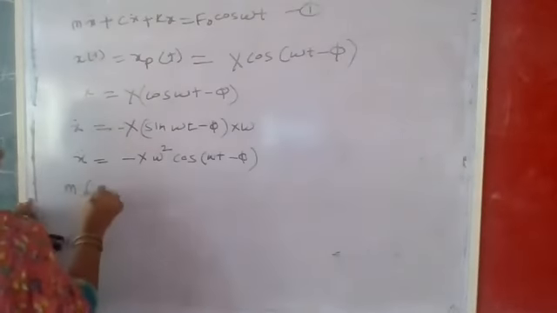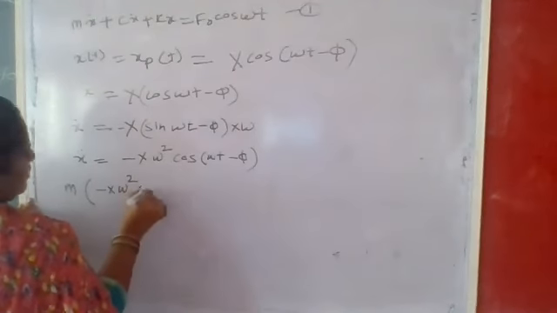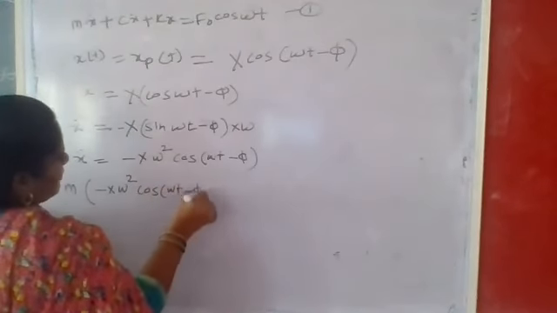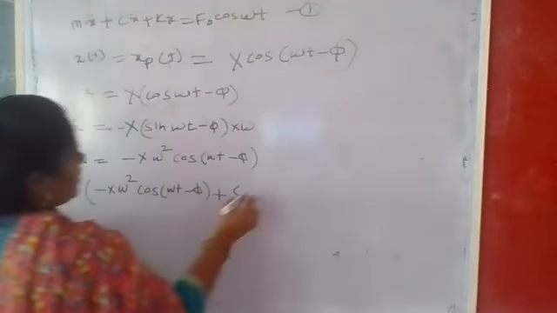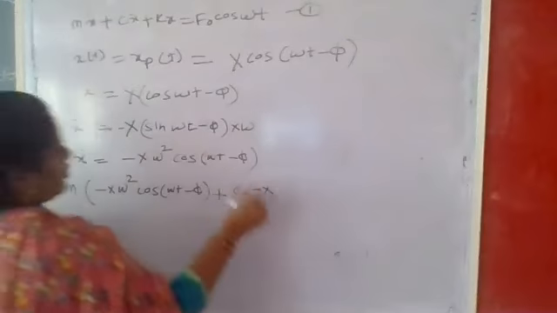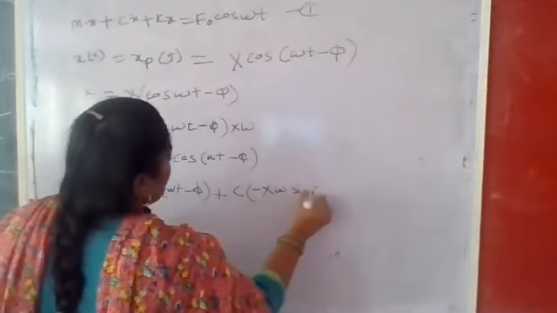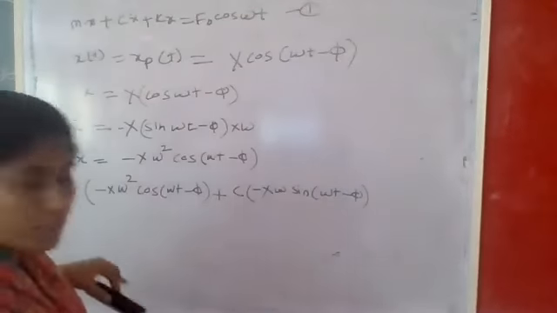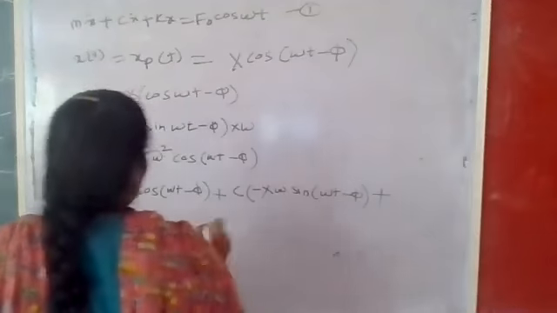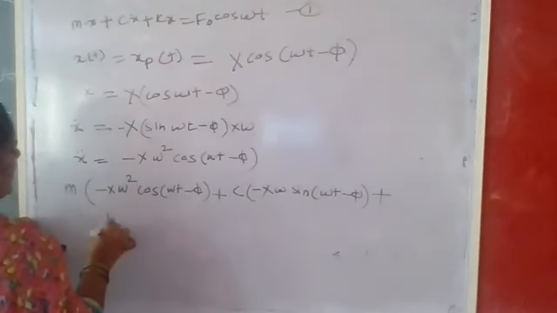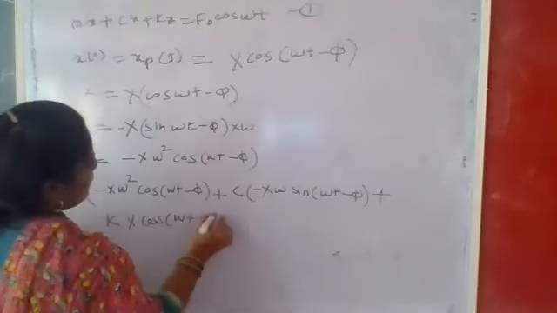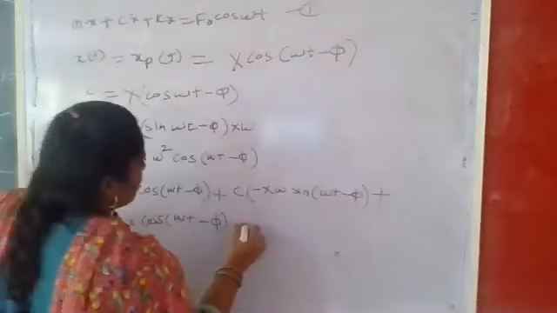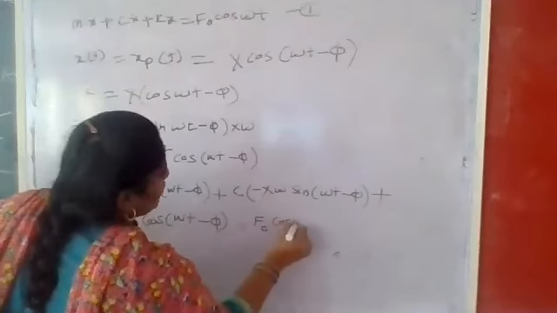M into x double dot is minus M X omega square cos of omega t minus phi, plus C into x dot, which is minus C X omega sine of omega t minus phi, plus K into x, which is K X cos of omega t minus phi, equal to F naught cos omega t.